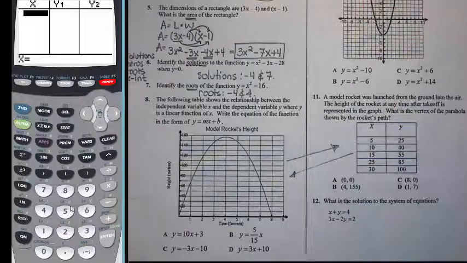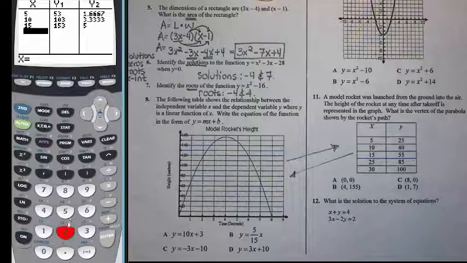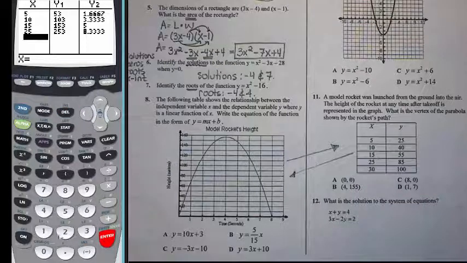So let's go ahead and enter those values: 5, 10, 15, 25, and 30. I'm sorry, 25. Whoops, made a mistake here. Just a moment. 25 and 30. Here we go.